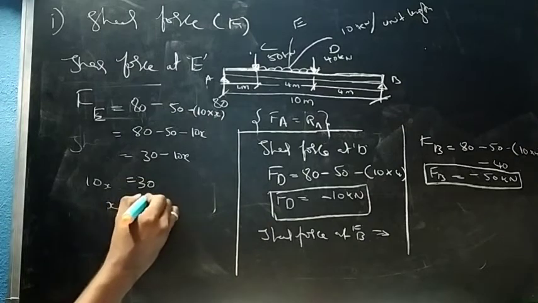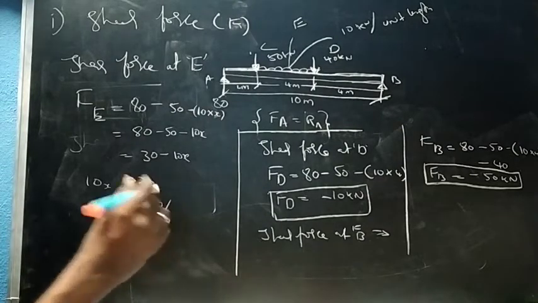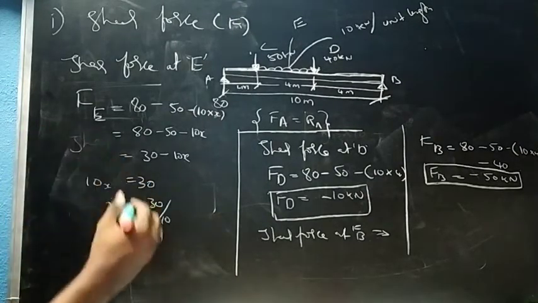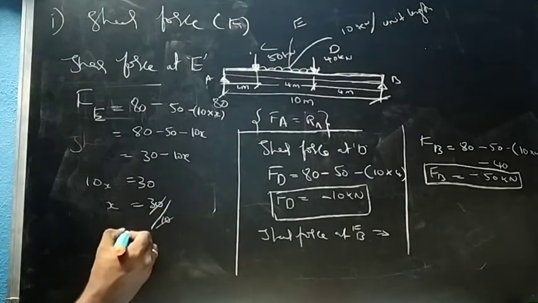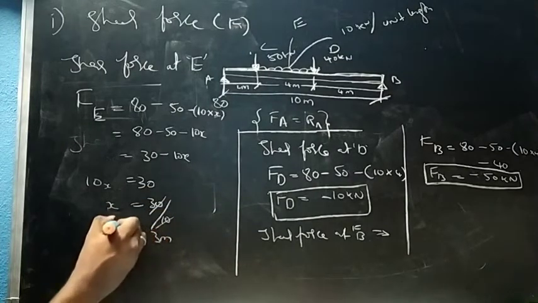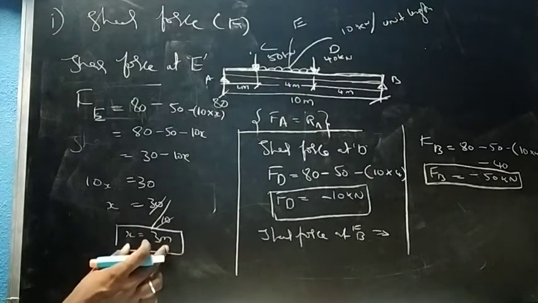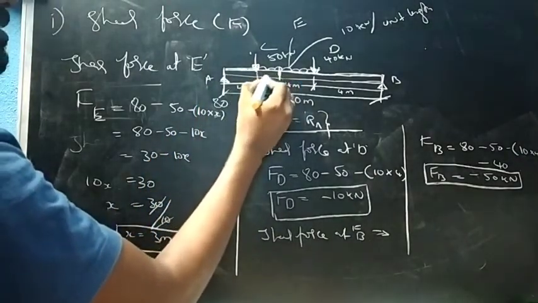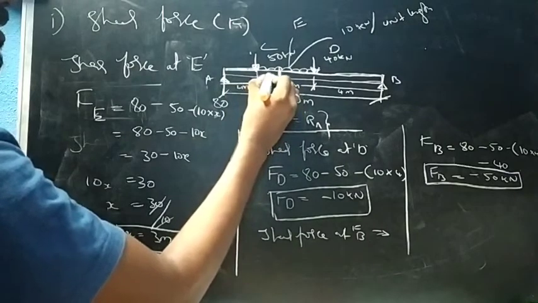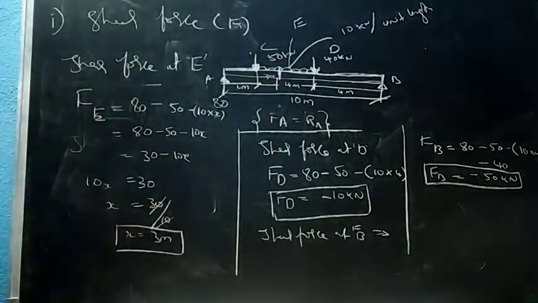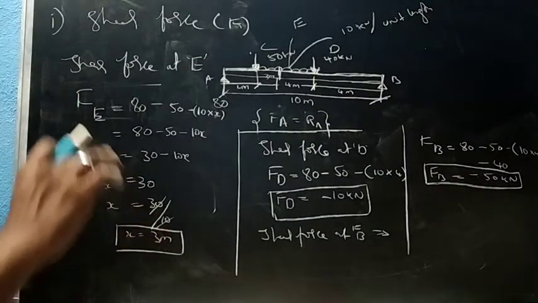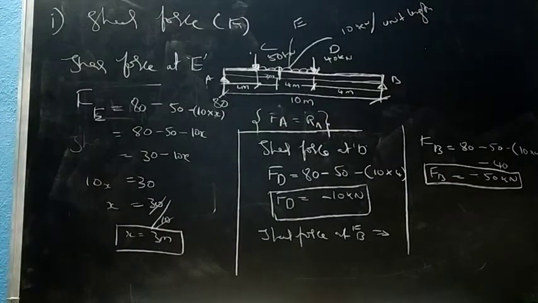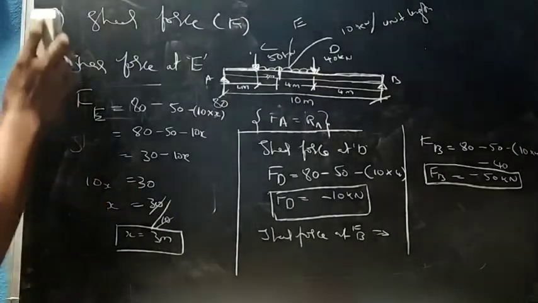From here x equals to we got 3 meters. So 3 meters, x is the distance, that is somewhere here 3 meters, there will be the maximum bending moment. So we'll find out bending moment, that is our third step.